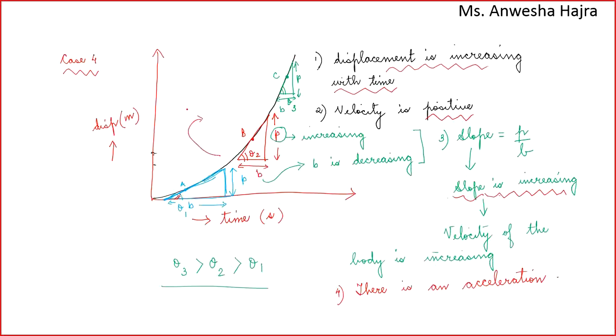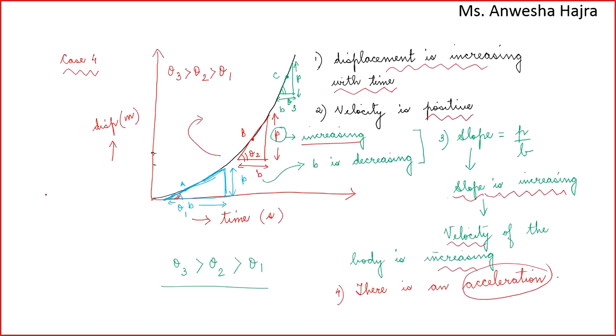From here you can see theta 3 greater than theta 2 greater than theta 1. Angle is increasing. So as angle increases, the perpendicular is increasing. Slope is increasing. Slope gives us velocity. Velocity is increasing. And there is an acceleration.